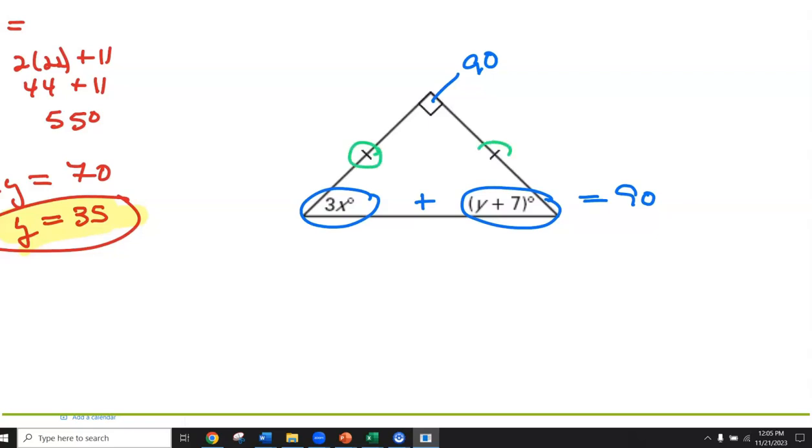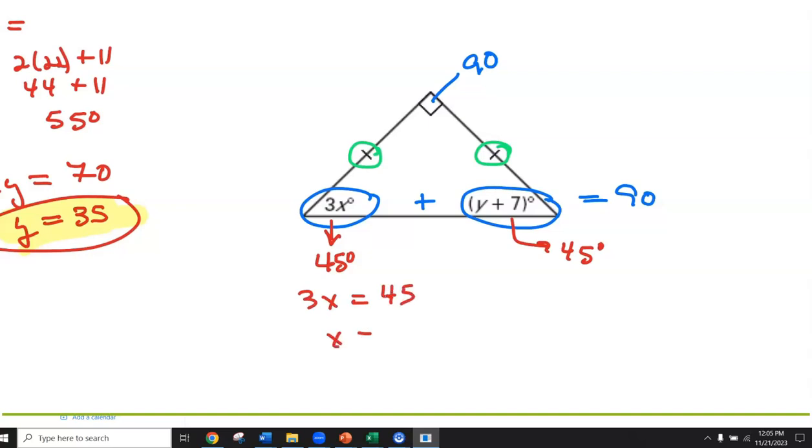Because those angles I've circled are base angles, since I have an isosceles triangle, I know they have to be equal. So if they have to be equal, then that means divide that 90 by 2. This has to be 45 degrees, and so is this. Otherwise, it's not going to be consistent with an isosceles triangle. That allows me to solve for my x and my y.